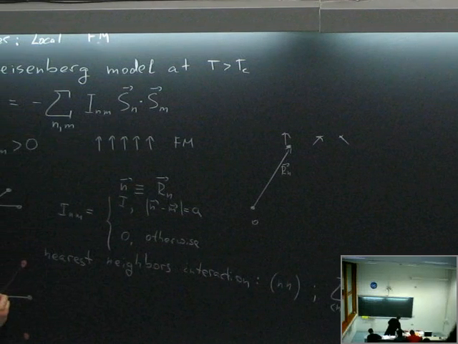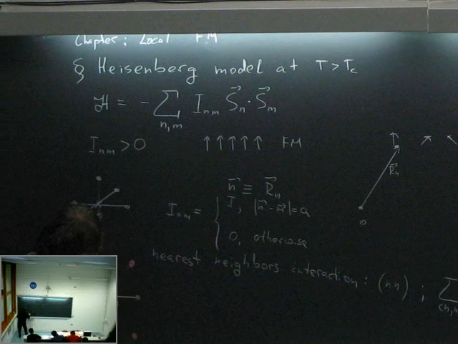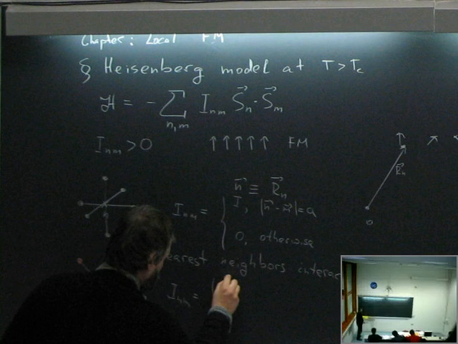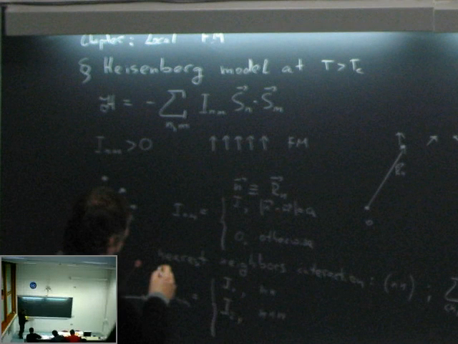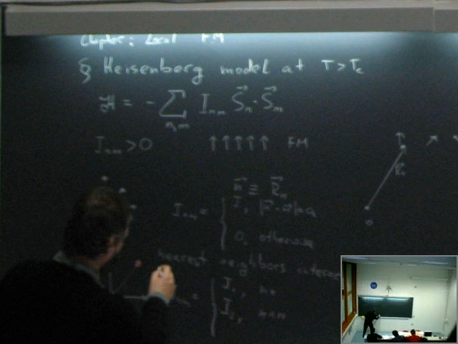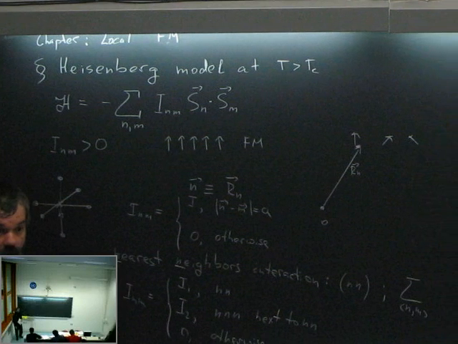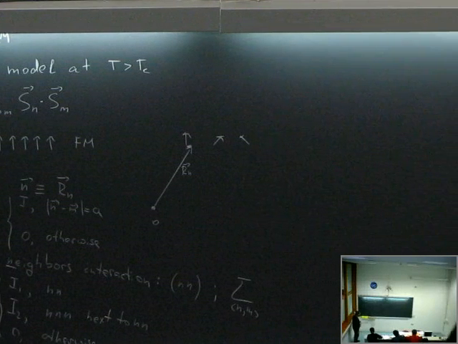So if we define our model in such a way that I_nm is equal to I1 for nearest neighbors, I2 for next to nearest neighbors, and 0 otherwise, then we discuss a model where both nearest and next to nearest neighbors interact.